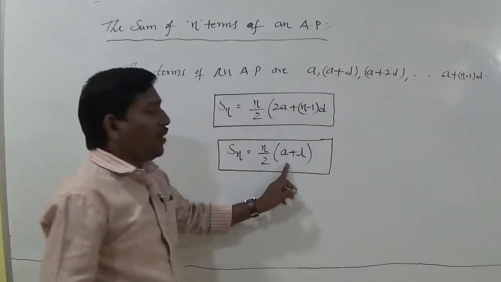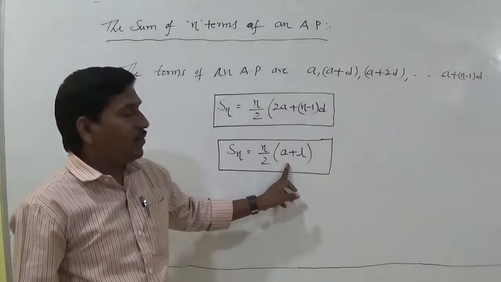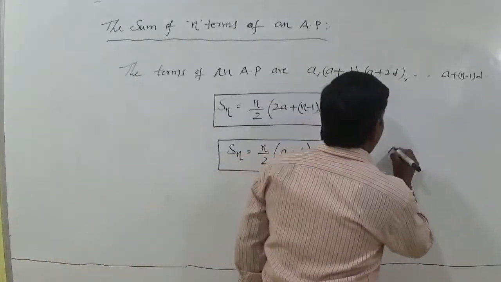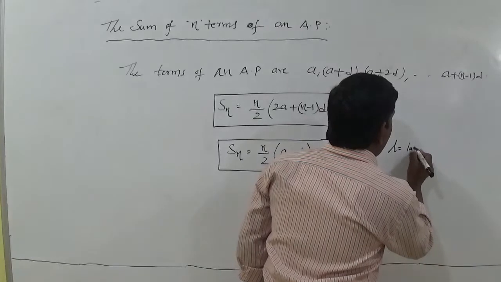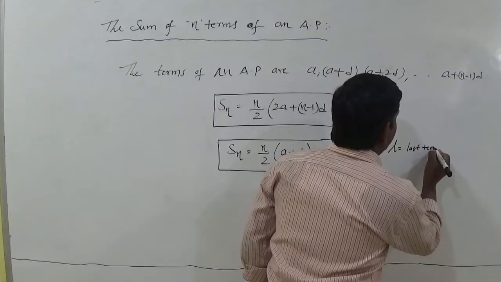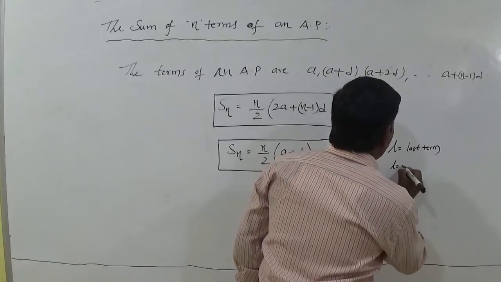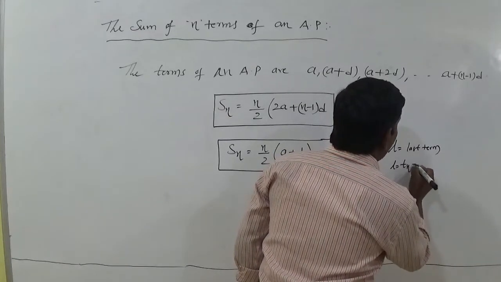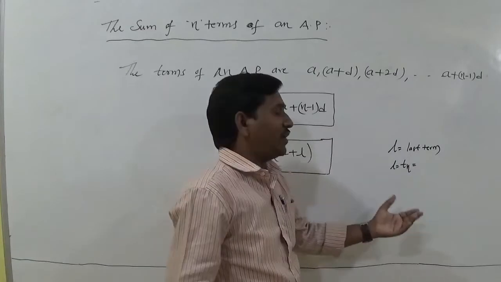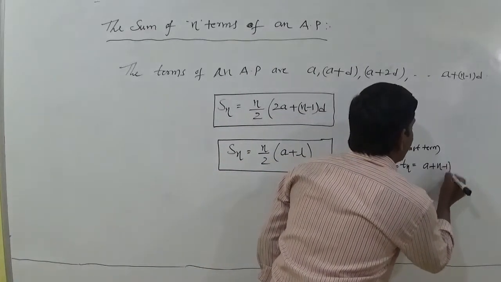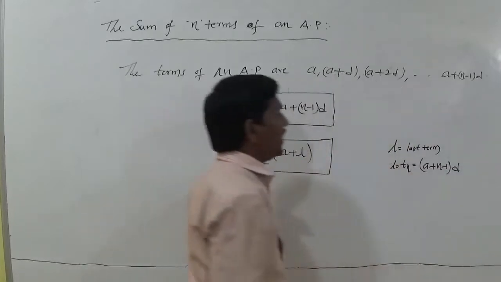Here a means first term of the AP, l means last term, and l is also taken as Tn or an, the nth term, a plus (n minus 1) into d.